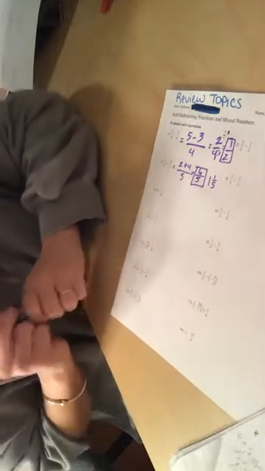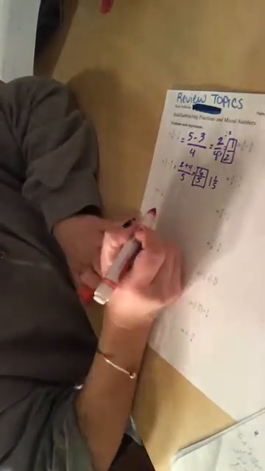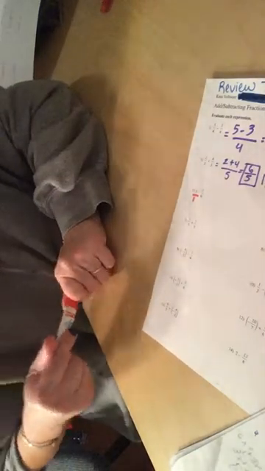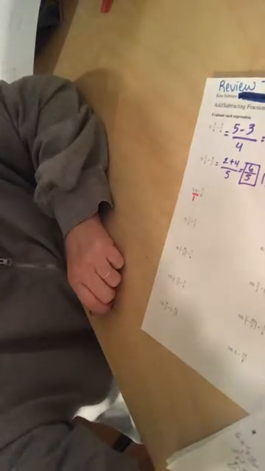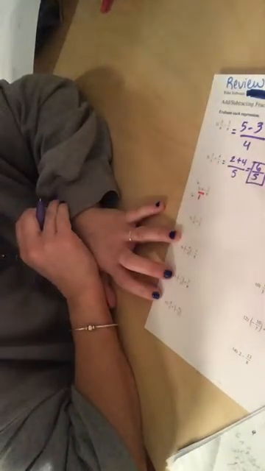Now be careful for the next one. For the next one, it just says 6 minus 1/6. And some people get confused because when you look at problem number 5, you don't see a denominator. So you want to create one. So let's put a 1 under the 6. Now we need denominators to be the same. So we're going to multiply the left denominator by a 6. We have to do it to the top and the bottom.